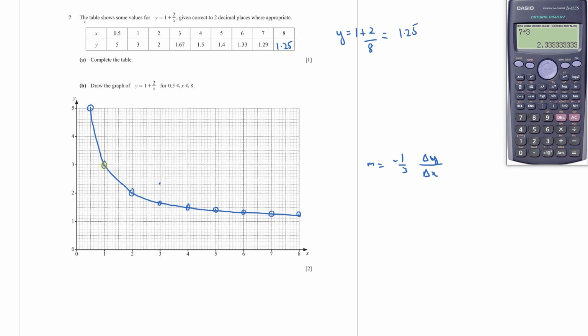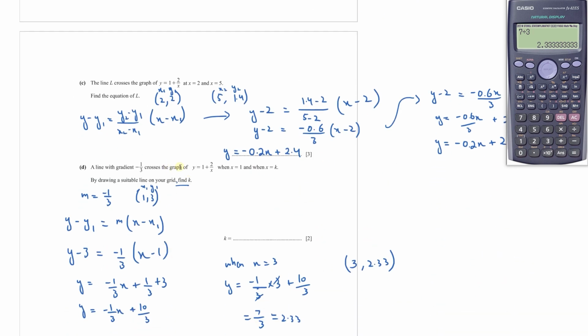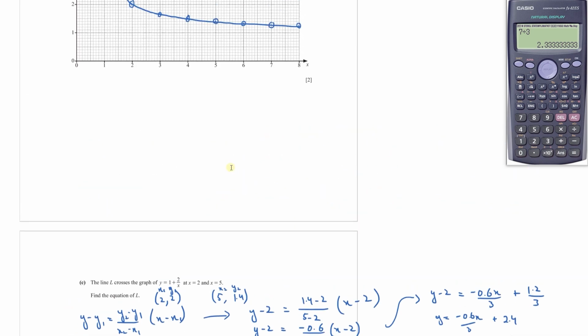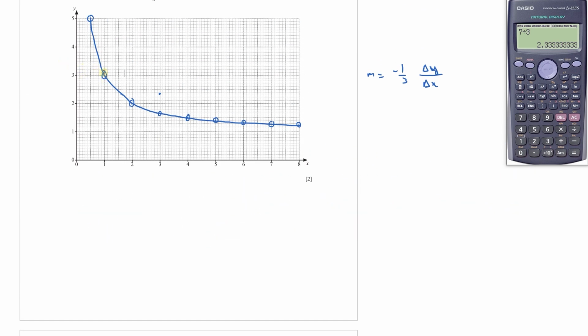We have this point (1, 3) on the graph that we know lies on the line, where it touches this curve at x equals 1 and the y value is 3. So from this point you go negative 1 in the y direction, and then you go positive 3 in x. 1, 2, 3. So you get to this point here.